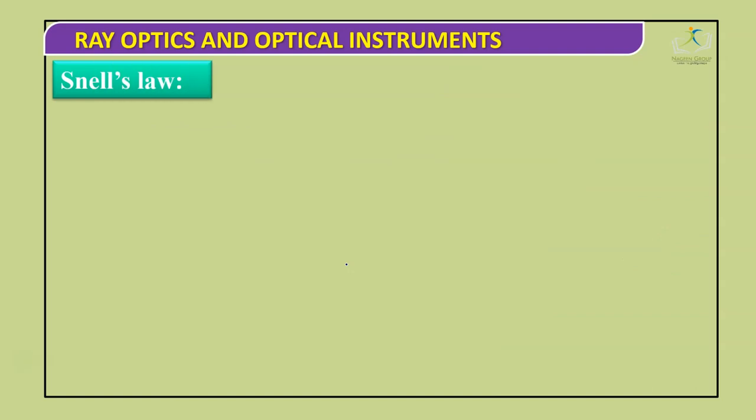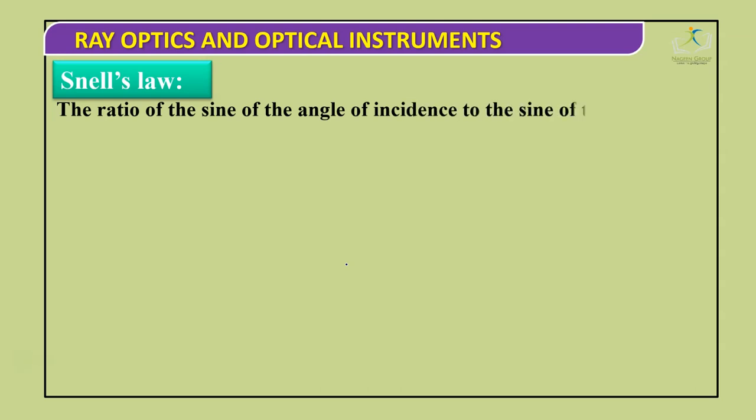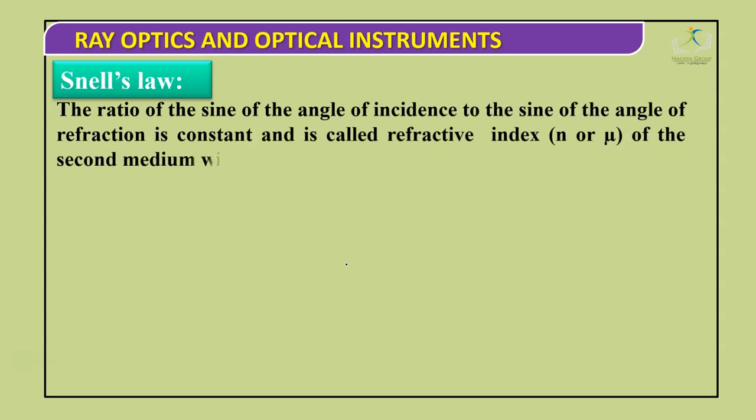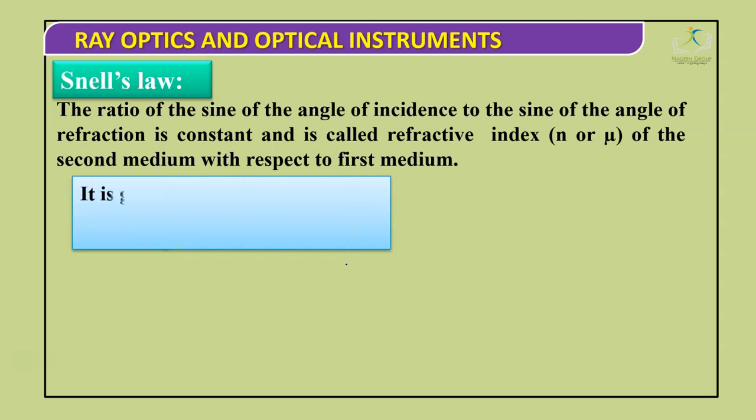In this, we have the laws of refraction which we studied in class 10th. Now we are just revising the things. The ratio of the sine of the angle of incidence to the sine of the angle of refraction is a constant, called the refractive index of the second medium with respect to the first medium.